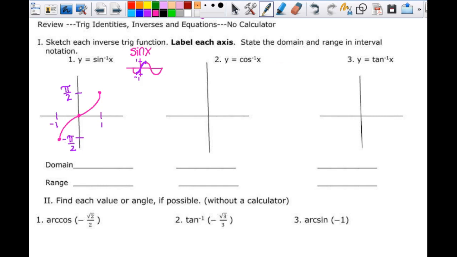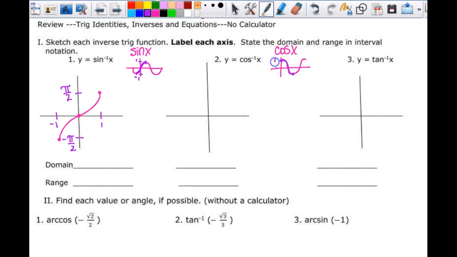So then for cosine, for cosine of x, my graph looks like this, right? And for cosine, so that we can get a positive and negative like we did here, we're going from this point to this point. That is the part that we're going to do the inverse of.